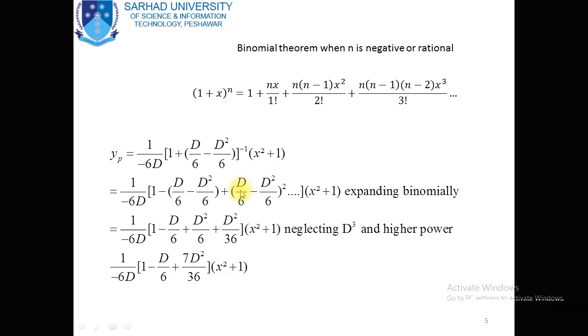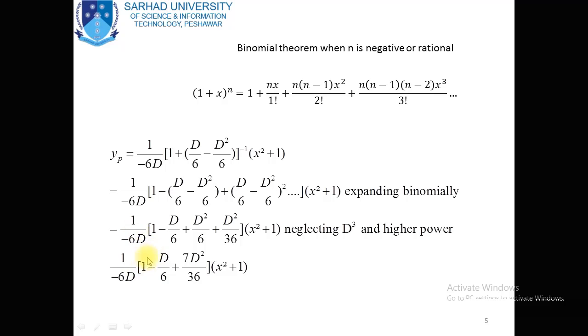This is a square plus b square minus 2ab. A square means d square by 36 and b square means d power 4, but we don't need d power 4. In the a term we have d, and in the b term d square, so d into d square is d cube, but we don't need d cube and higher powers. So we write only the a square term, d square by 36, into this polynomial.